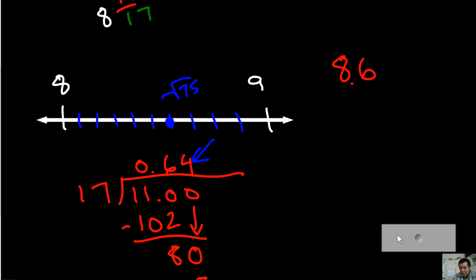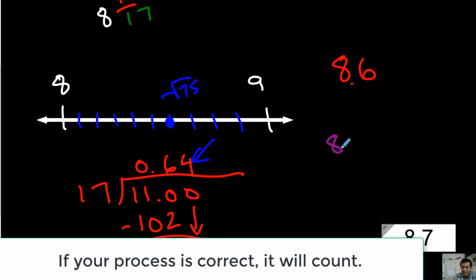And according to the calculator, it's 8.7. It's actually pretty close. The actual answer is 8.66025, and so on.